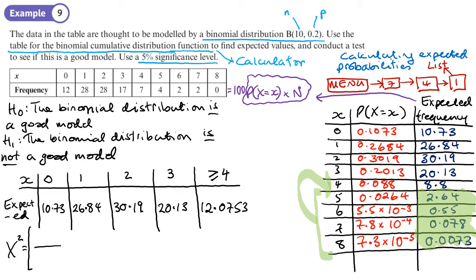My observed was 12, so 12 squared over my expected 10.73, plus the next observed squared, that was 28 squared over my expected. Then my next observed squared, that was 28 squared over my expected. Then the next observed, so the 3 observed 17, so 17 squared over my expected.